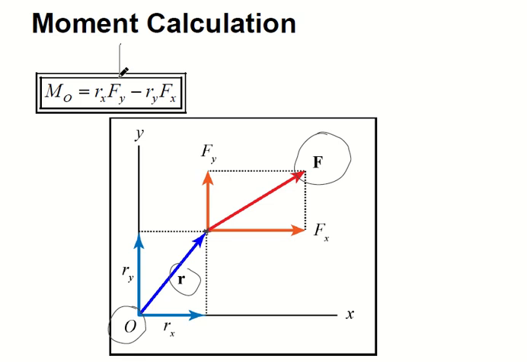We're going to put it into a new equation to get the same moment, and that's your Rx times Fy. So this Rx, you're going to multiply with Fy. Why? Because they are connected on this path. And then you're going to multiply Ry with Fx, because if you trace the path, they are connected, okay?